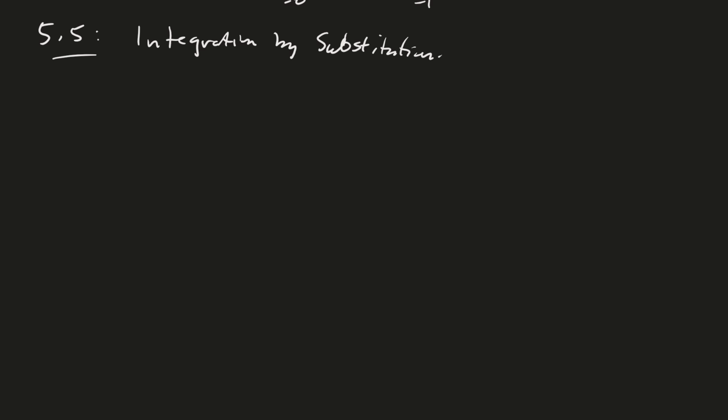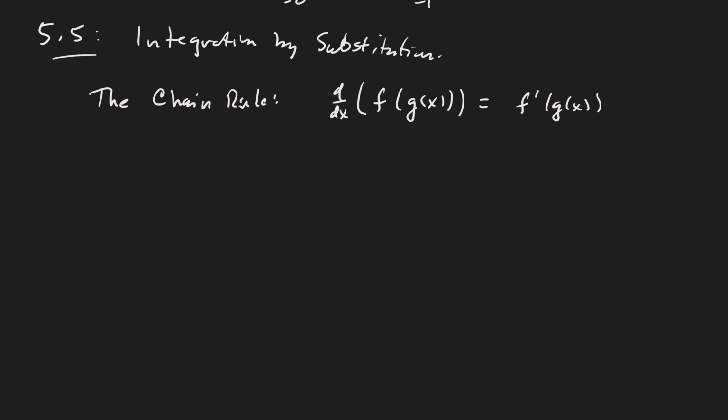So in order to start this, maybe we should think about what the chain rule is, and then we'll try to go take a backwards rule. So the chain rule says that the derivative of f of g of x is equal to f prime of g of x times g prime of x.